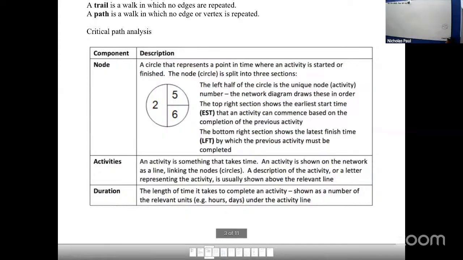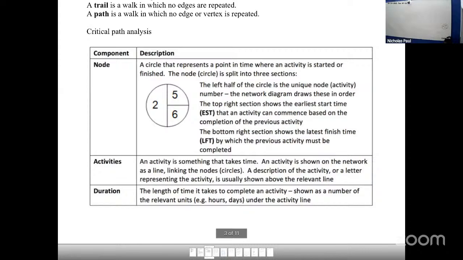Let's just take a look at this quickly, and then we will try it, and go back to our own. An activity is something that takes time. An activity is shown on the network as a line linking the nodes. A description of the activity or a letter representing the activity is usually above the relevant line, so sometimes you just put A or B and a number.